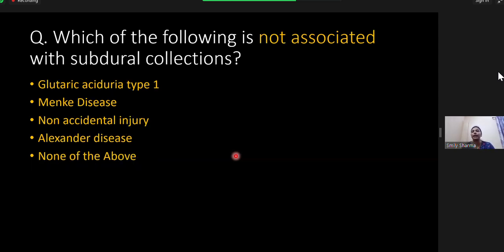Apart from that, other features can be seen, for example, subdural collection. Some of the leukodystrophies, white matter disorders or metabolic disorders can be associated with subdural collections, and they form a differential diagnosis of each other. So which of the following is not associated with subdural collection? Yes, Alexander disease is not associated.